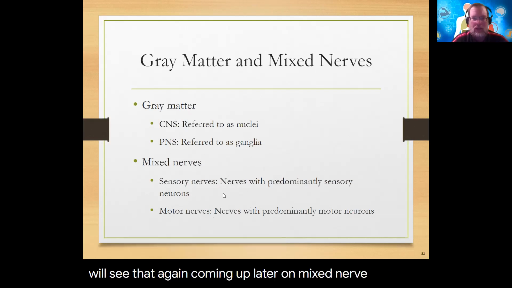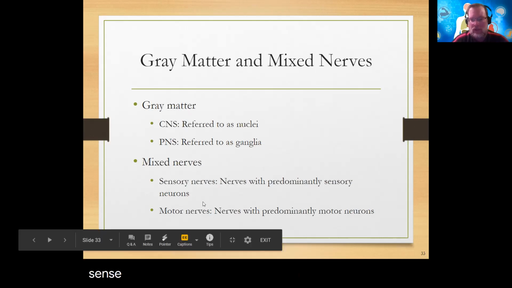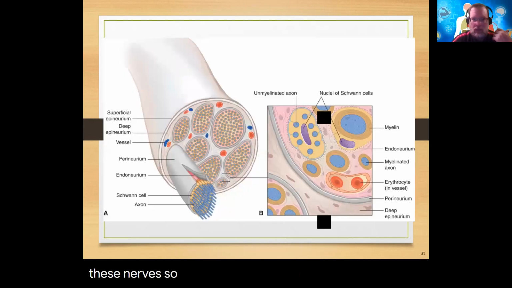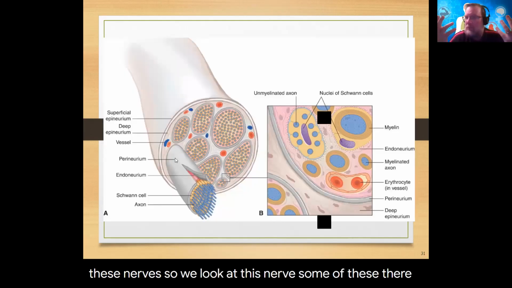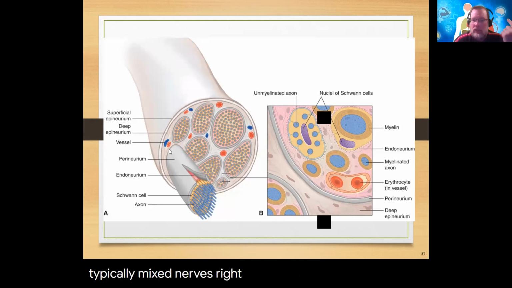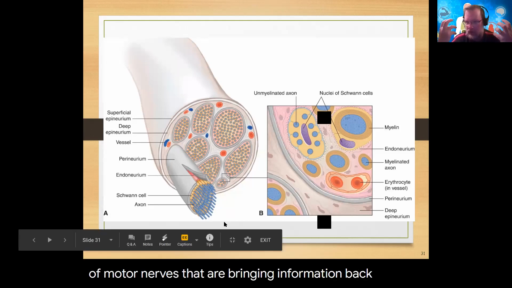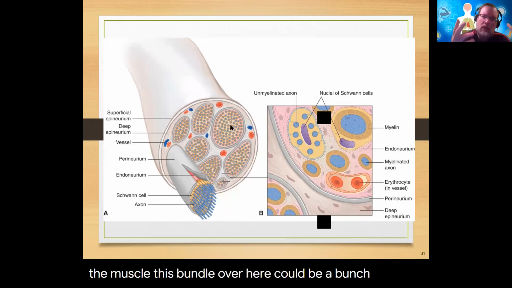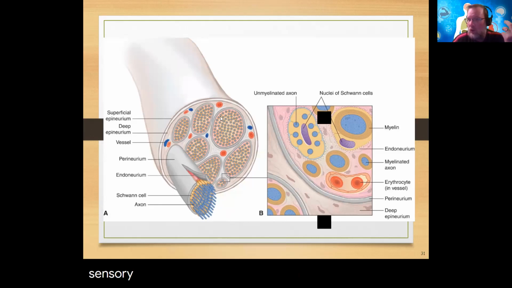Mixed nerves, we have sensory and motor that do have both. So we look at this nerve. Typically these are mixed nerves, right? We're going to see motor pathways in here, so this bundle could be a bunch of motor nerves that are bringing information back out to the muscle. This bundle over here could be a bunch of sensory neurons.